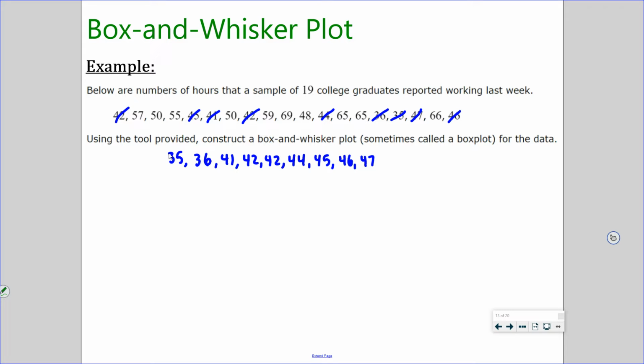Hopefully I don't run out of room here. 48. Two 50s. What's my next one? 55. It looks like 55, 57, 59.